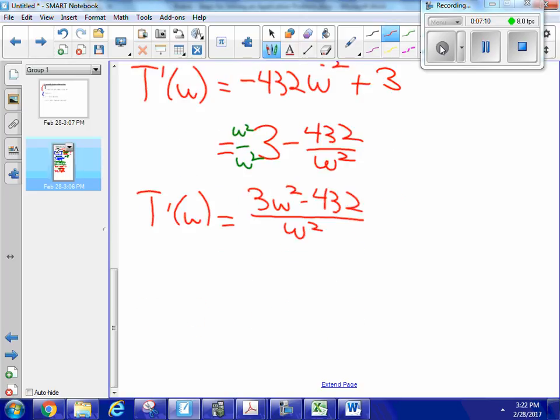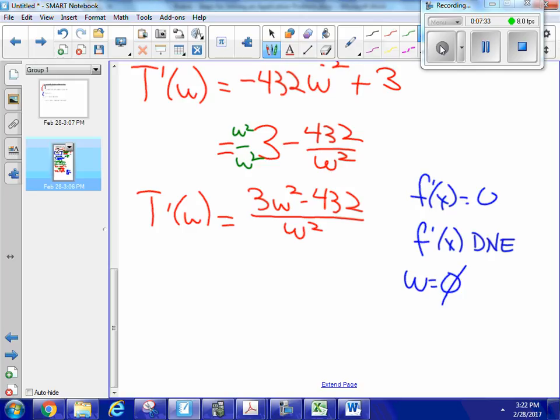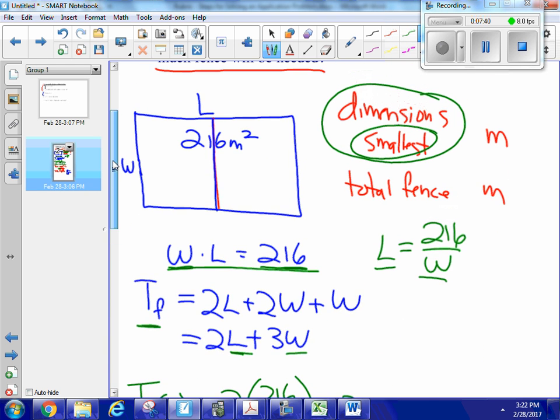Now I need to find out where it is equal to 0 or where it does not exist. Remember, I'm looking for critical points: F prime of x equals 0, or F prime of x does not exist. Well, I can see that the place that it doesn't exist is where W equals 0. But I'm not too concerned about that because I'm dealing with a rectangle, and I clearly have some form of W. I'm not worried about it being 0.